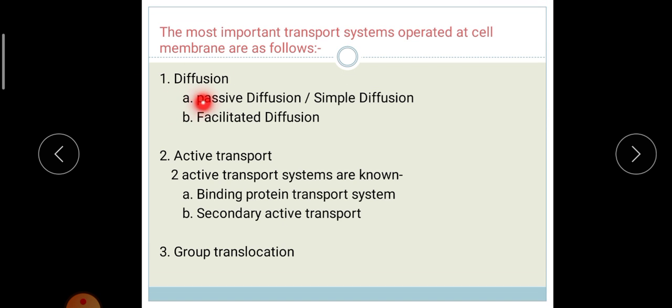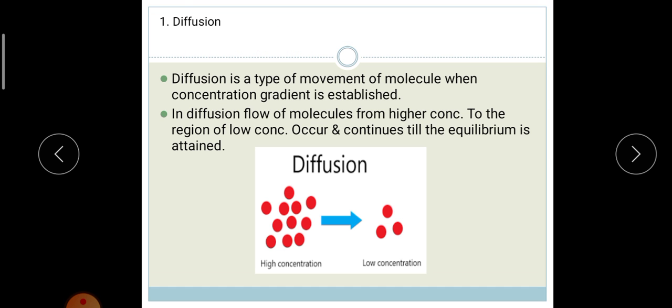Under the first one is passive diffusion or the simple diffusion. Before starting the passive diffusion or simple diffusion, we must all know what is actual diffusion. Diffusion is a type of movement of molecules when a concentration gradient is established. Now what is meant by concentration gradient here?